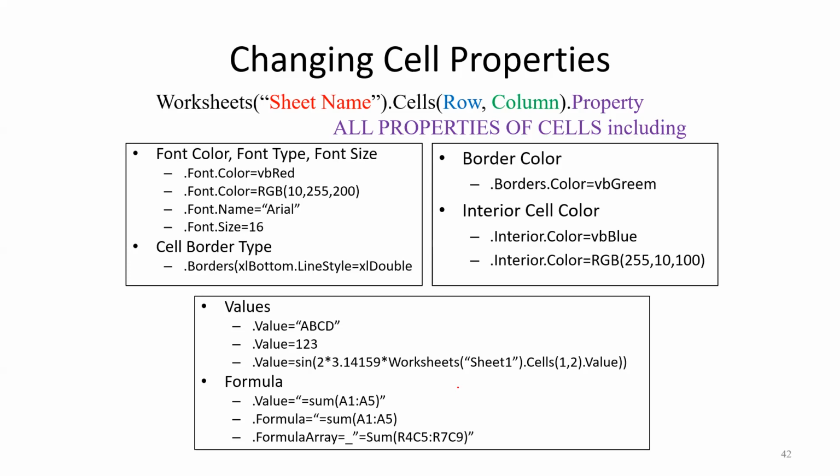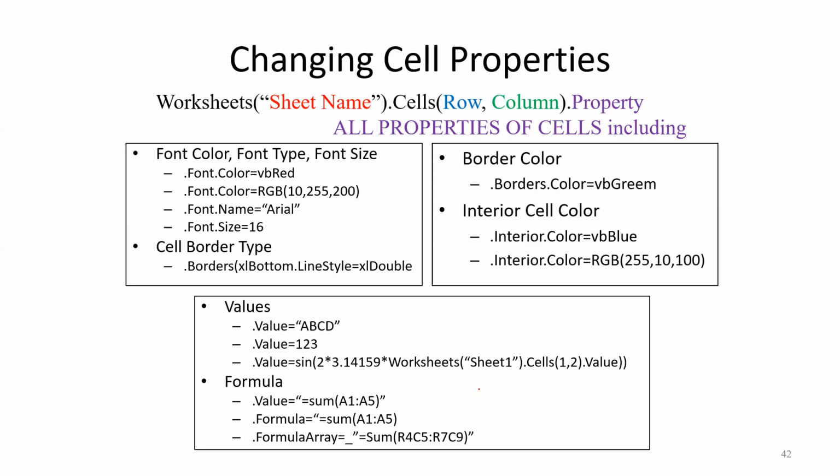We know how to change background color by recording a macro. But here we can change even background color, font color, etc. Border color or interior cell color we can change using these commands.